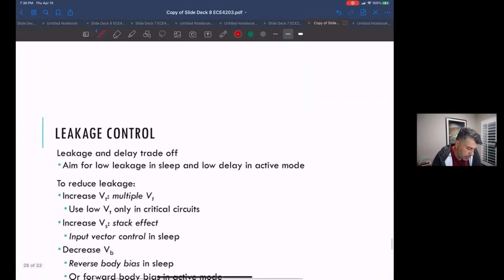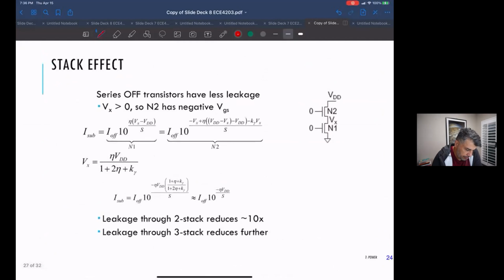It's something, basically, if you have two devices in series, like a NAND gate, right? So this looks like a NAND gate. But anytime you have two devices in series, the nice thing is this voltage, depending on what it was when the device turned off, isn't always going to be zero.